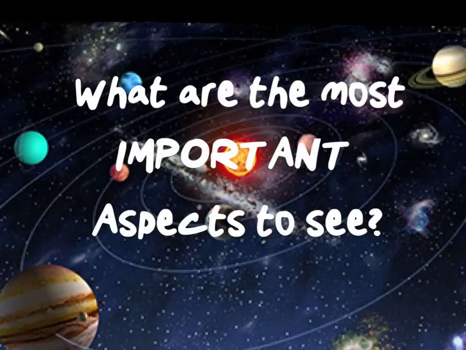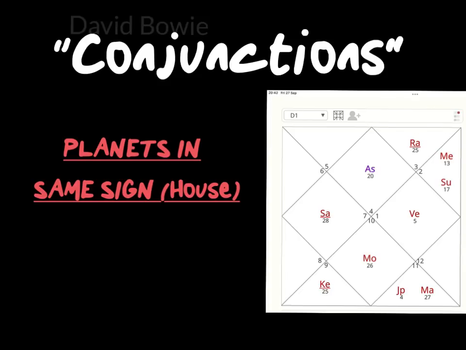So let's begin. And the question is, what are the most important aspects you should look for when you first see a horoscope? And they are the conjunctions in the horoscope. Conjunction means in the Vedic system, be very clear, planets in the same sign, therefore same house.